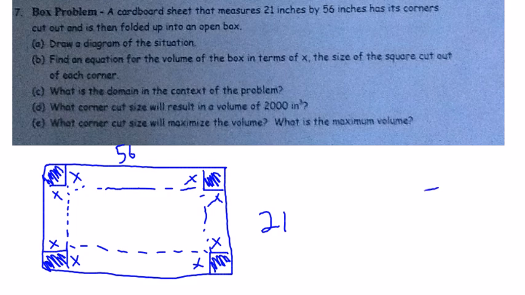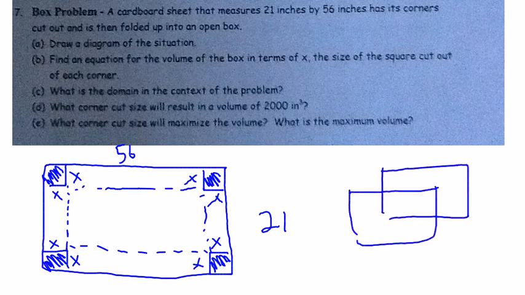You could also give me a 3D version of this, like this, and I need to show a little bit more with what these inside dotted lines are going to be. So if I look at that dotted line, the full length here to here is 56.